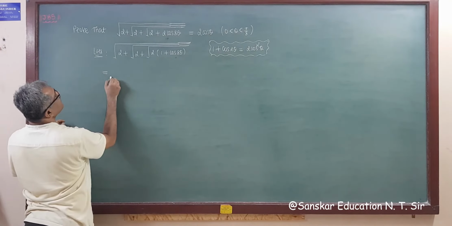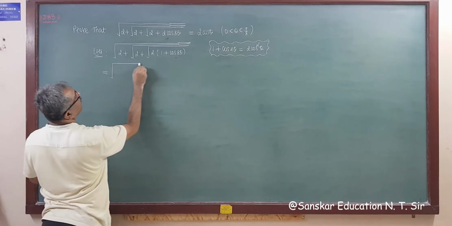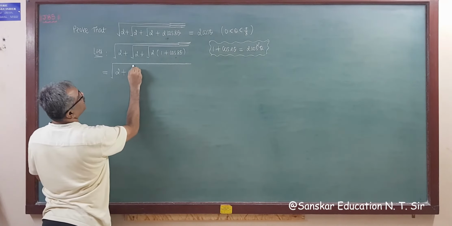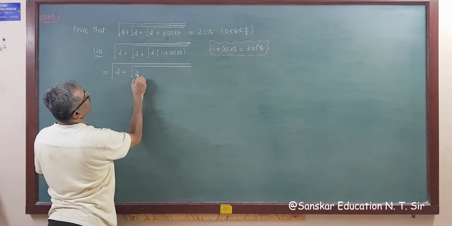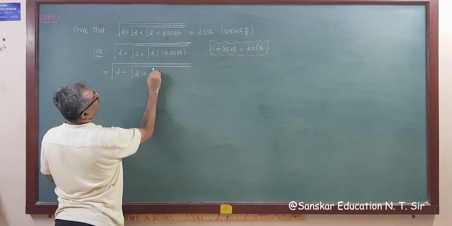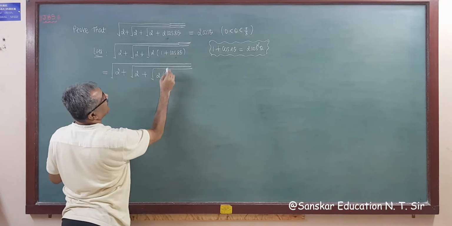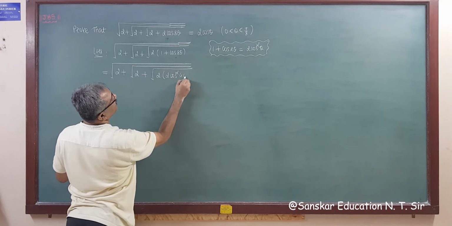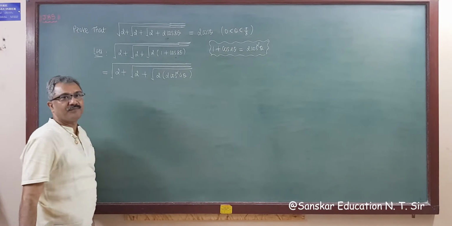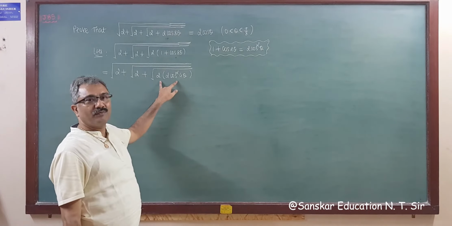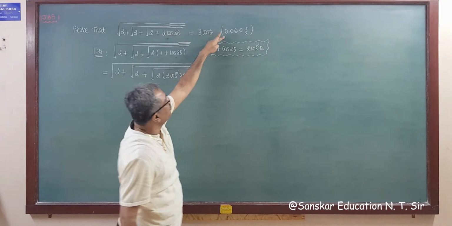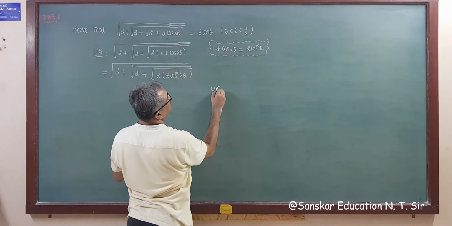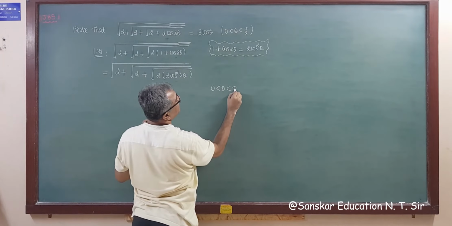So this is square root of 2 plus square root of 2 plus square root of 2, and the answer of this is 2 cos square 4 theta. Now we are taking square root of 4 theta. It is given 0 is less than theta is less than pi by 8.